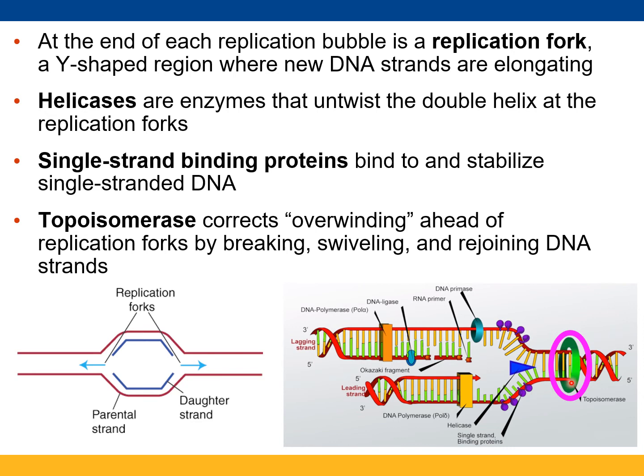So it'll nick one of the phosphate backbones, allow the torsion to unwind, and then re-anneal it real quick. So we have the helicase, the SSBs, the single-strand binding proteins, and topoisomerase. These guys are all leading the charge, moving that replication fork.